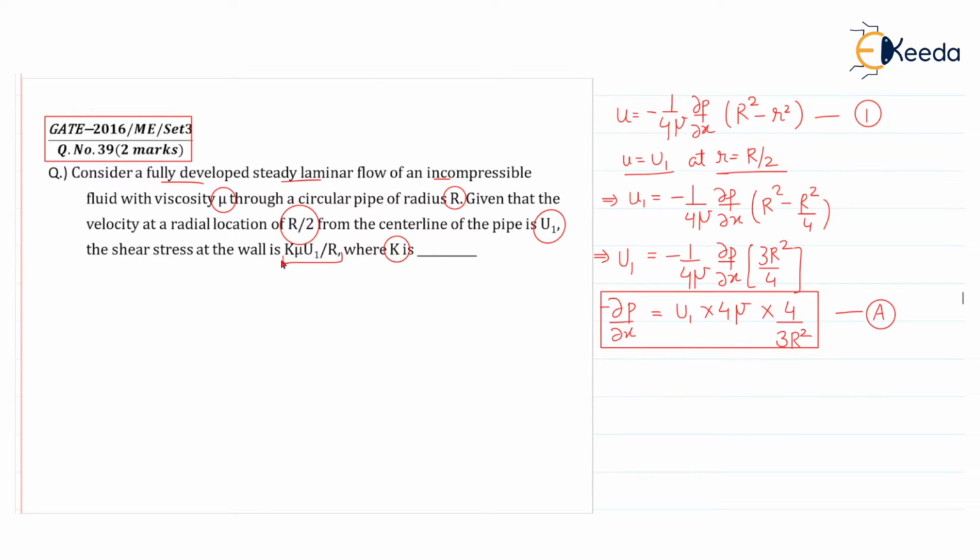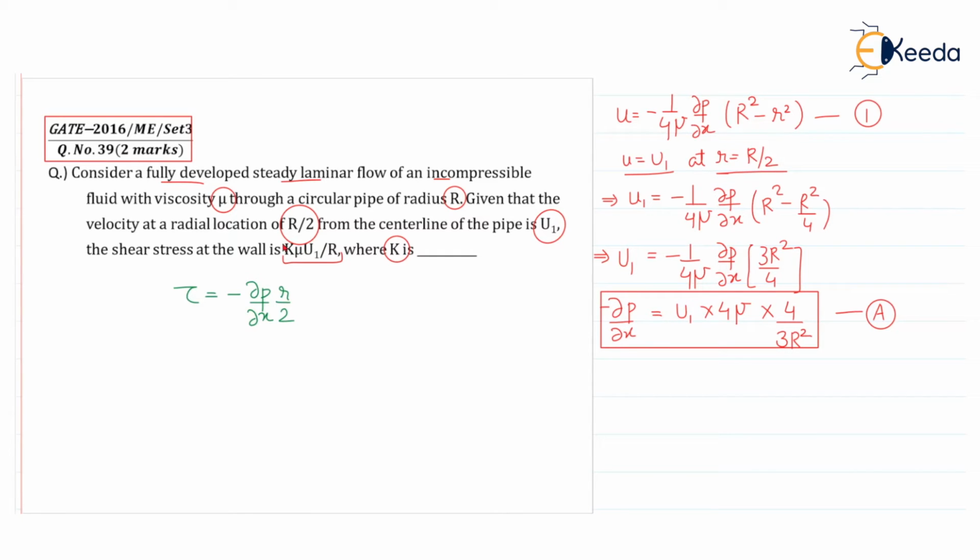Now the second condition is given in the question. The shear stress at the wall is K mu u1 by R. What is the general formula of shear stress? Tau is equal to minus of dou p by dou x into r by 2. This is the general formula for finding the shear stress at any point inside the pipe in case of laminar flow.